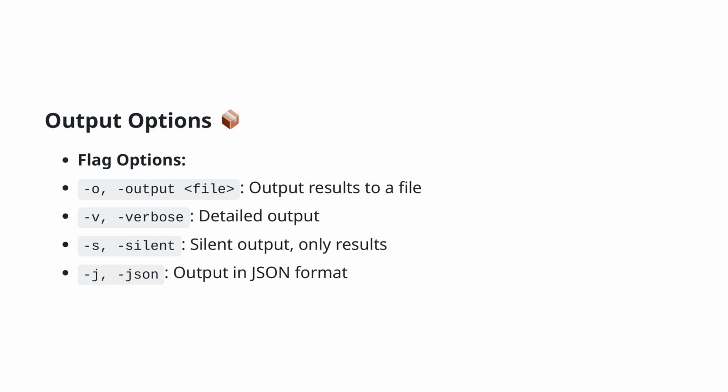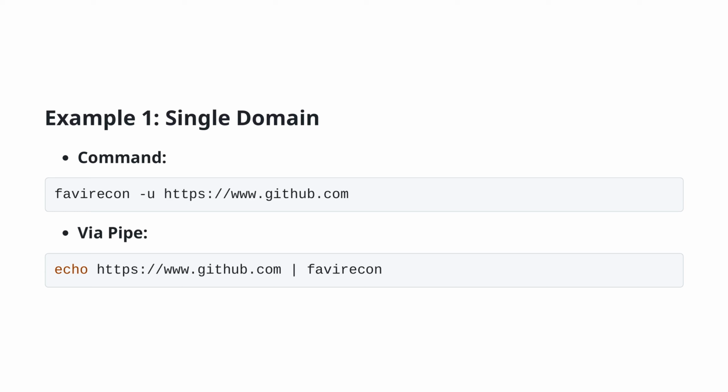In this slide, we're demonstrating how to use the Favirecon tool to analyze a single domain. The command shown here, favirecon -u github.com, specifies the URL of the domain we want to scan. This command initiates the reconnaissance process directly on the GitHub domain. Alternatively, you can achieve the same by piping the domain into Favirecon using echo github.com | favirecon.